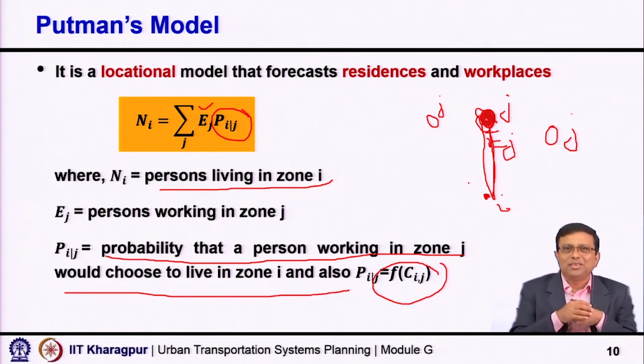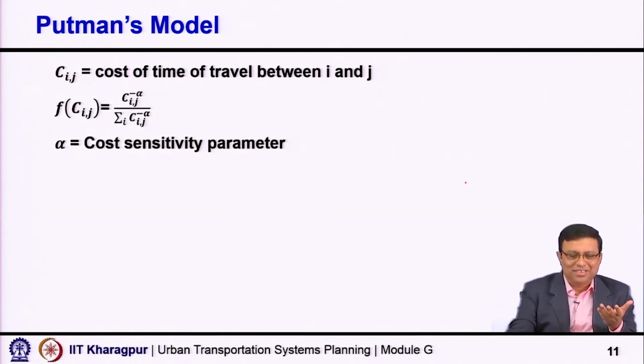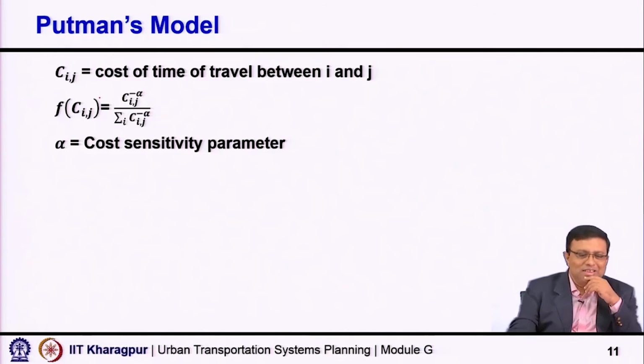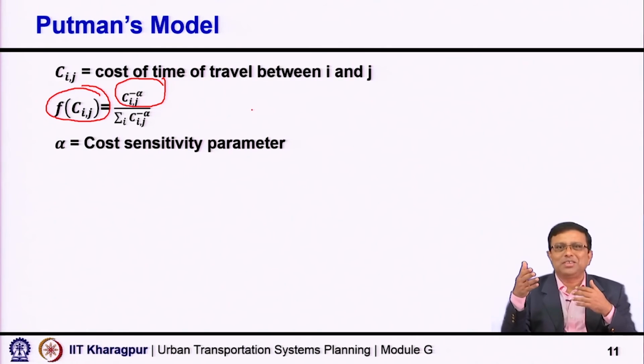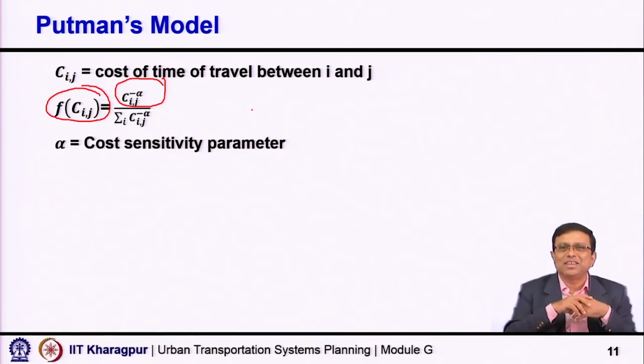Now, obviously, people will get distributed based on what? The relative Cij value, relative cost, a function of cost, right. So, the relative value is how much? You can say Cij to the power minus alpha, because as the cost increases there will be more deterrence, less attraction. The power is minus because ideally the Cij should be in the denominator, but we are using it as a multiplier.